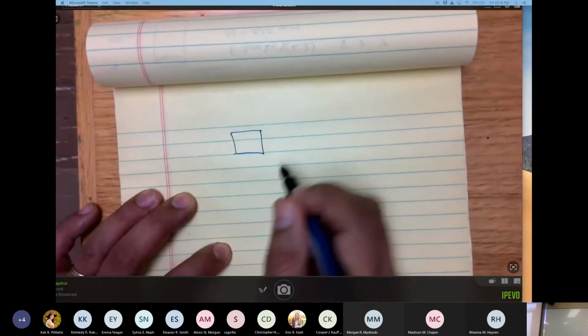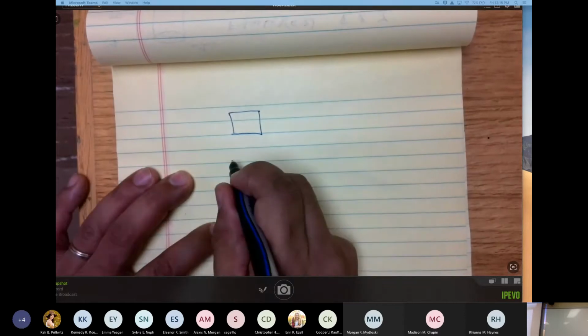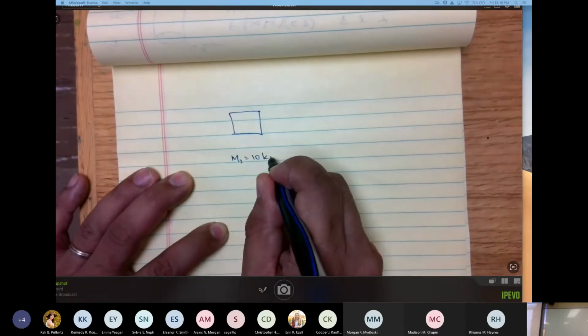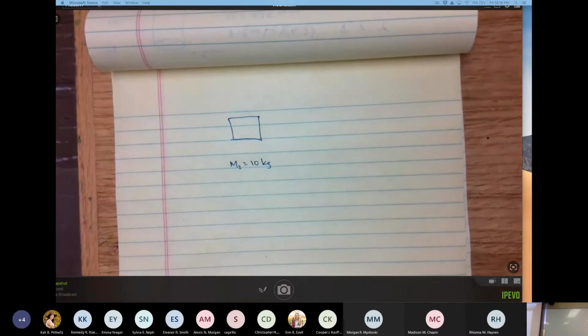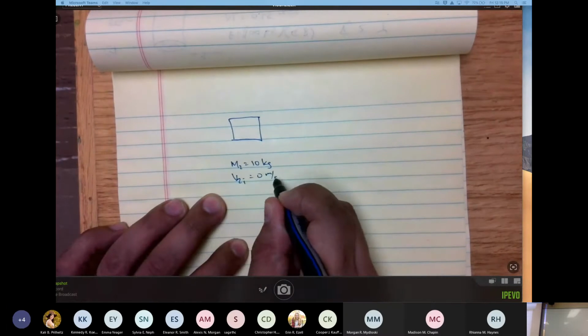So imagine that you have a block, and for sake of argument, I'm going to say that this block has a mass of 10 kilograms. And the block is going to be static, so the initial velocity is going to be 0. So there's no momentum on this block.